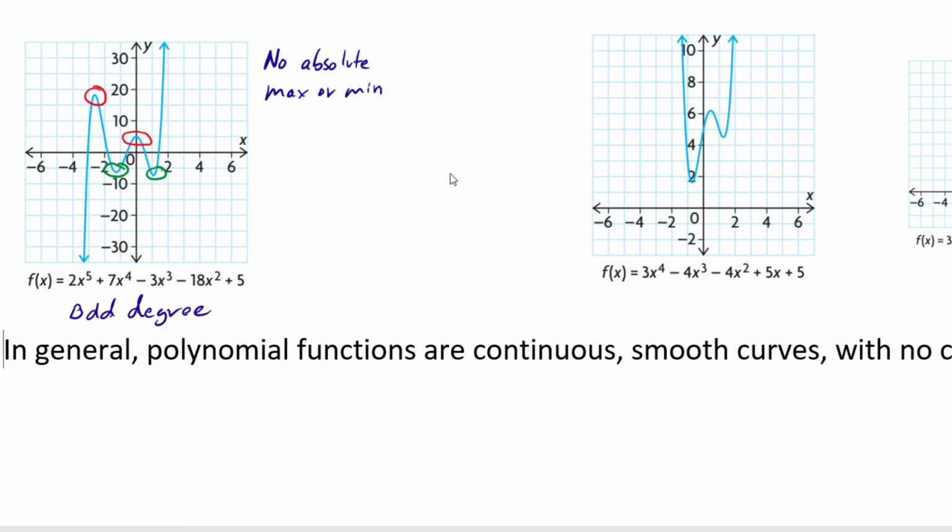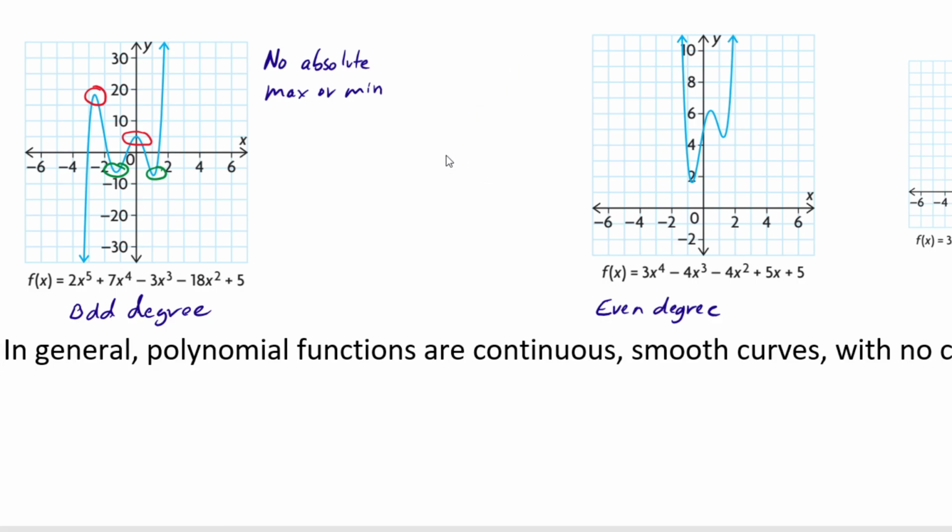If we were to take a look at the graph right beside this, this is a quartic. Now, quartics will generally have an absolute minimum or an absolute maximum. Because this is an even degree polynomial, there will be an absolute maximum or absolute minimum, depending on how it's opening.